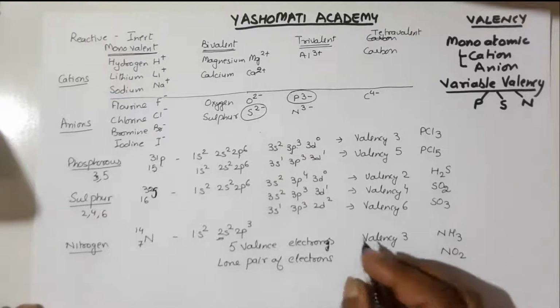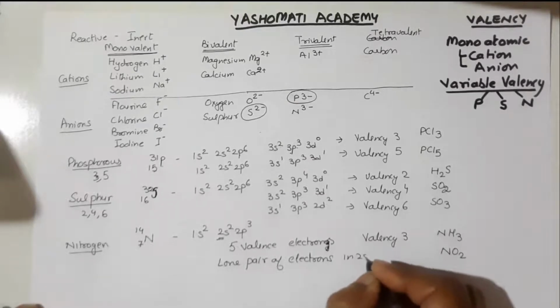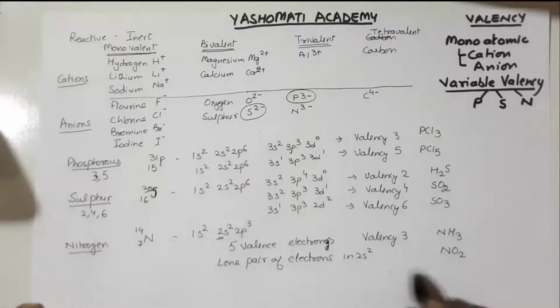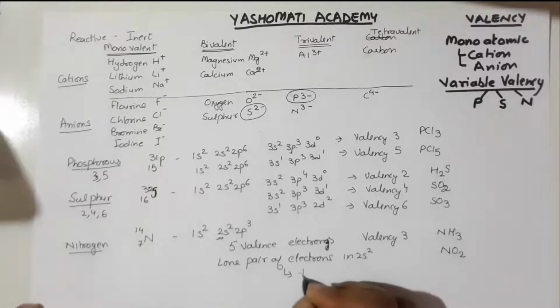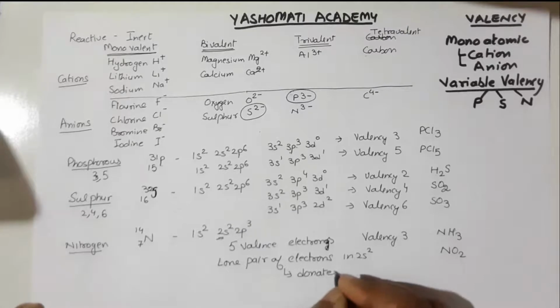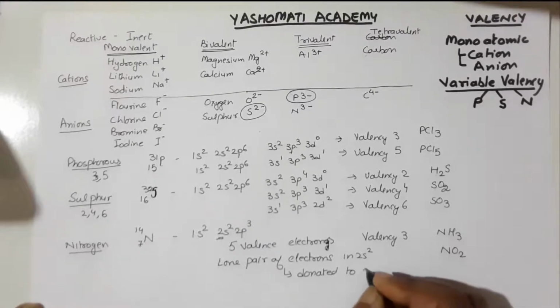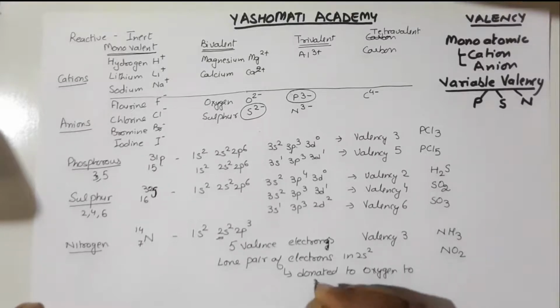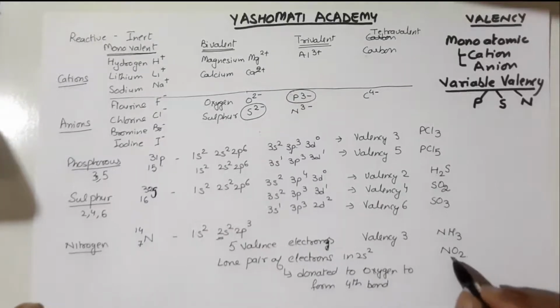Now this lone pair of electrons in 2s2 is donated to oxygen, and because of that one oxygen is bonded to it. That is why nitrogen is showing valency 4.